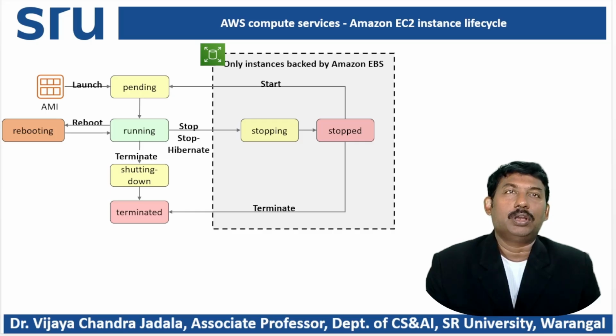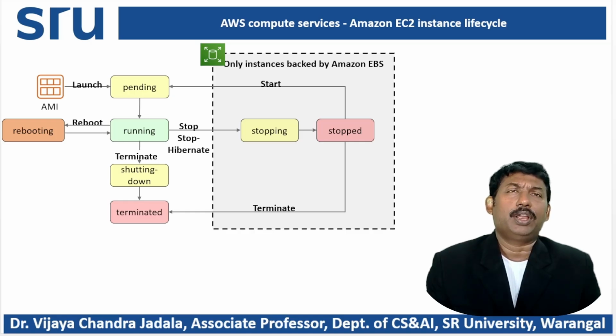You can connect to the instance through the internet, where you should have the login credentials. Once you activate the instance from the pending state to the running state, you can use it and load an operating system on it, either Linux, Unix, Red Hat Linux, Amazon Linux, Windows, Ubuntu and many more.